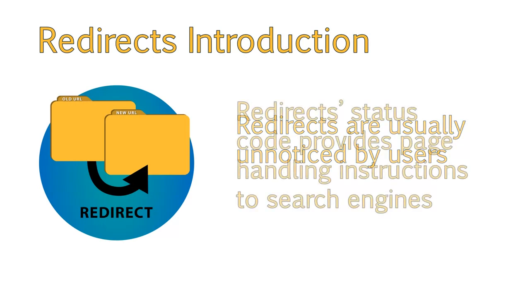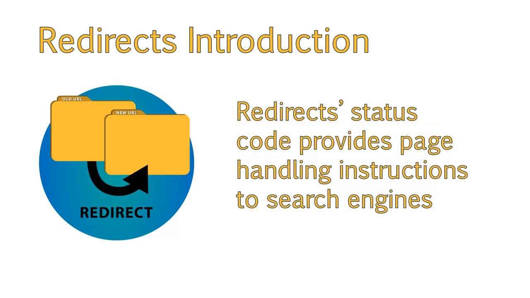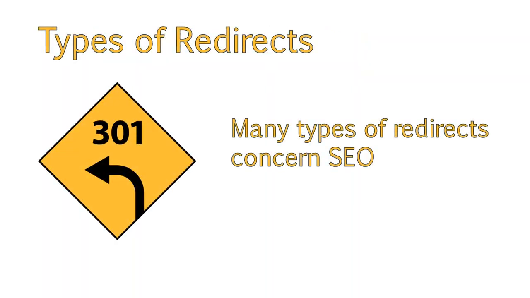However, when a page is redirected, an HTTP status code is presented. This code provides search engines with instructions on how they should handle that page going forward. There are many types of redirects we are concerned with for SEO. Let's take a moment to discuss the main types of redirects SEO should be familiar with.